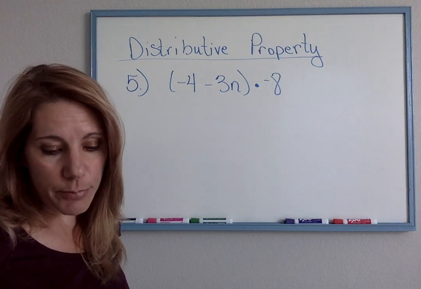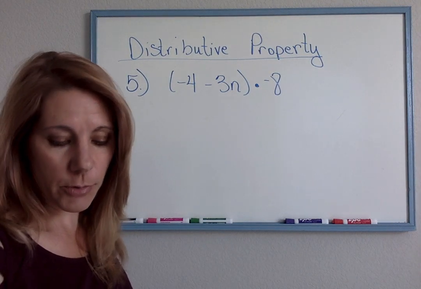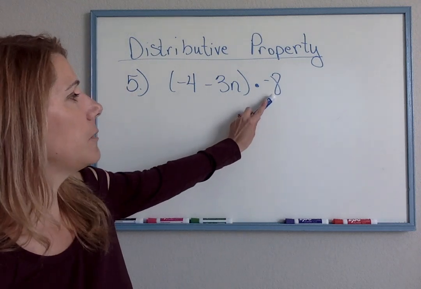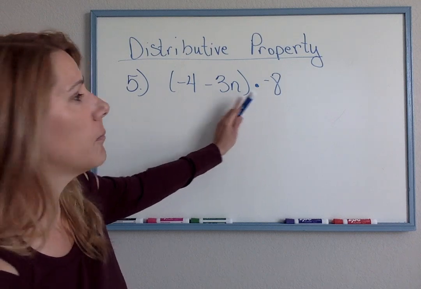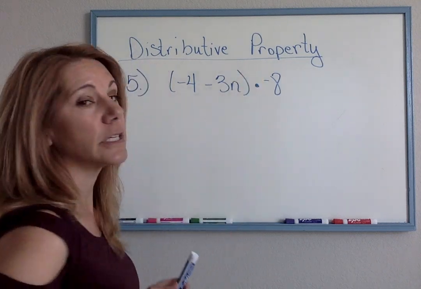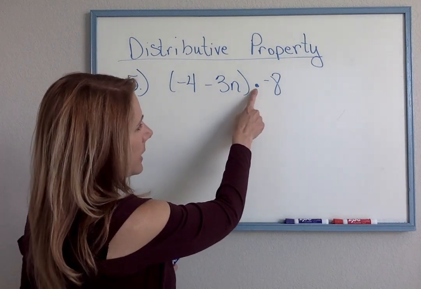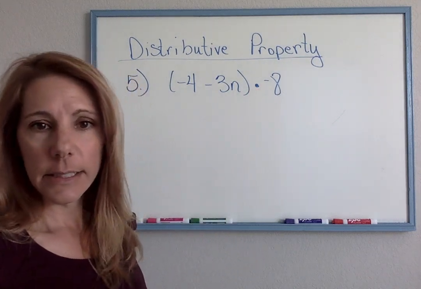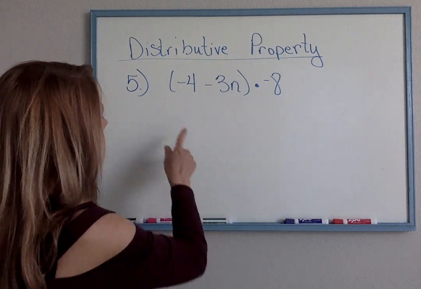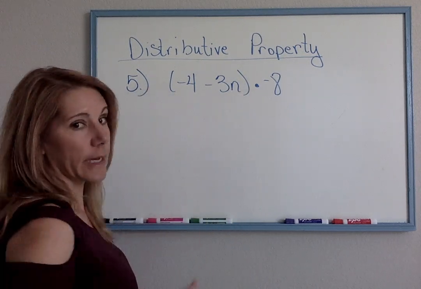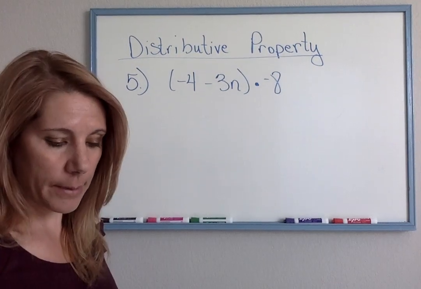There are lots of problems with the numbers in the front, which is more of the traditional way of seeing it, but it's still distributive property when I'm taking a number and multiplying it by an entire expression in parentheses, okay? And I know I'm multiplying it because they use the dot, and typically when you see that number out front, there will not be a dot. It'll just be the number next to the parentheses, okay?